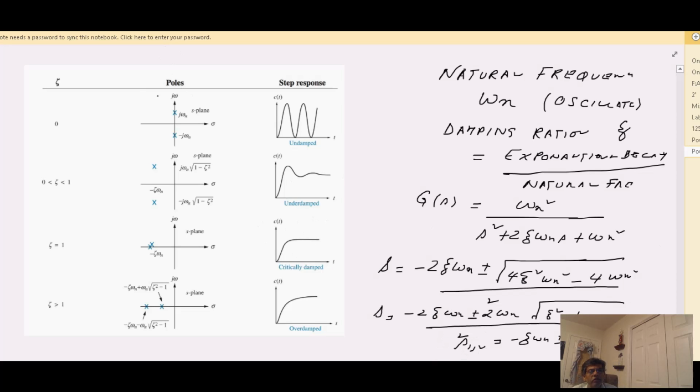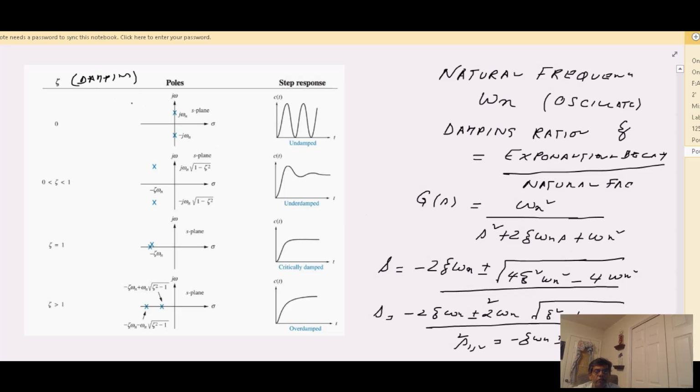Now, if you look at this equation right here, this is where the damping ratio concept will kick in. If the damping ratio zeta is 0, then you will see this term will go away, right? This will become more or less imaginary, because zeta squared is 0, and 0 minus 1, the square root of minus 1, is going to give you imaginary.